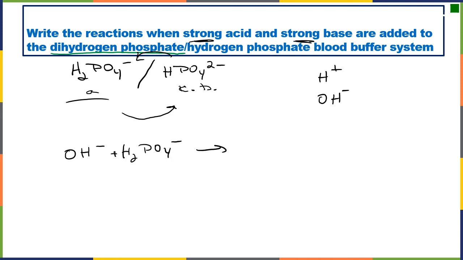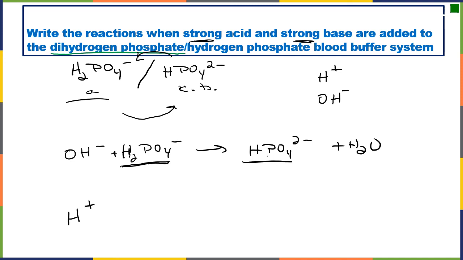We're going to pull off a proton, and when we do that, we're going to make HPO4 2 minus plus water. The key when you do these is that if you add a strong acid or a base, you better take part of your blood buffer system and convert it into the other part, the acid into its conjugate base.